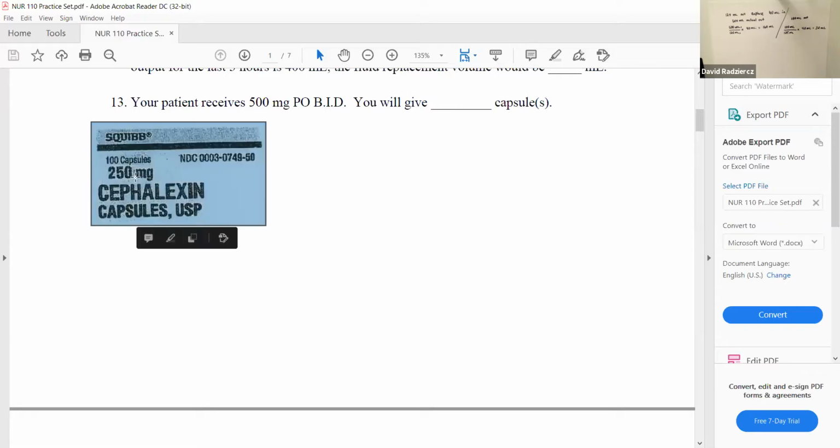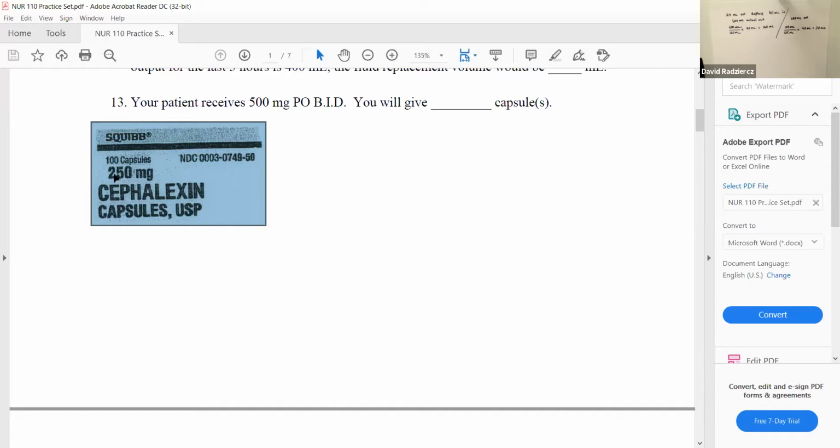All right, looking at the label. It's helpful. It tells you that the whole bottle has 100 capsules. Now, to my knowledge, you as a nurse are probably not going to see this particular label. This would be in the pharmacy. The pharmacist and pharmacy technician are going to prepare the quantity needed for the time frame in which the patient would be taking the medication, put it into a separate container, and then you would just administer however many capsules per the treatment period.